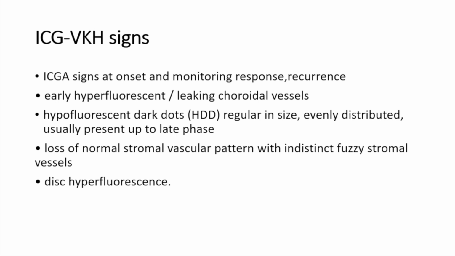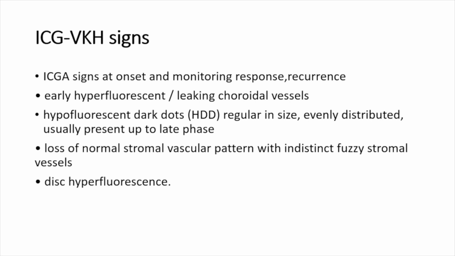Then in the early and mid phase, we can see the fuzzy choroidal vessels and disc hyperfluorescence. Usually in ICG, the disc will be black. But in inflammatory disease like VKH, we will see fuzzy choroidal vessels along with disc hyperfluorescence.